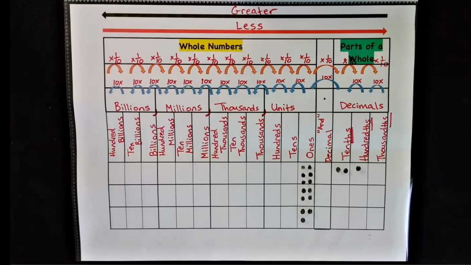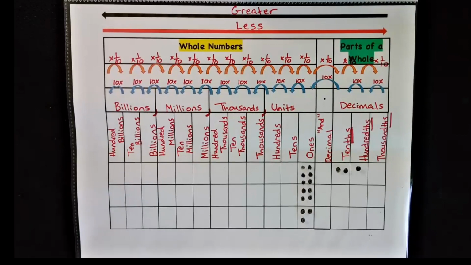Now let's look at some numbers that include a decimal point. Remember that a decimal point is a bridge between the whole numbers and parts of a whole. In this example, I have 13 discs in the ones place, 2 discs in the tenths place, and 1 disc in the hundredths place.